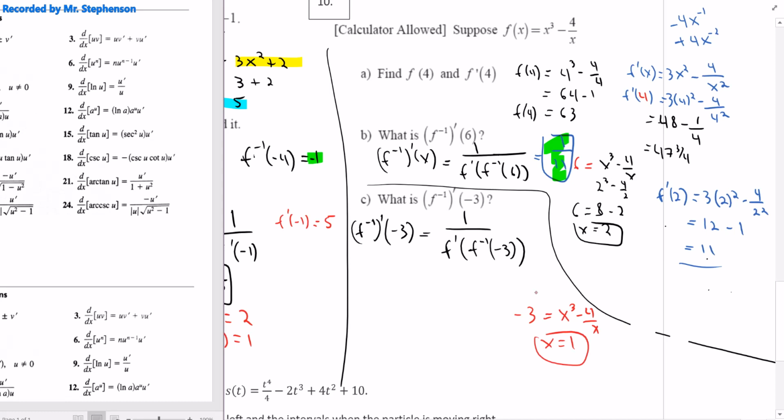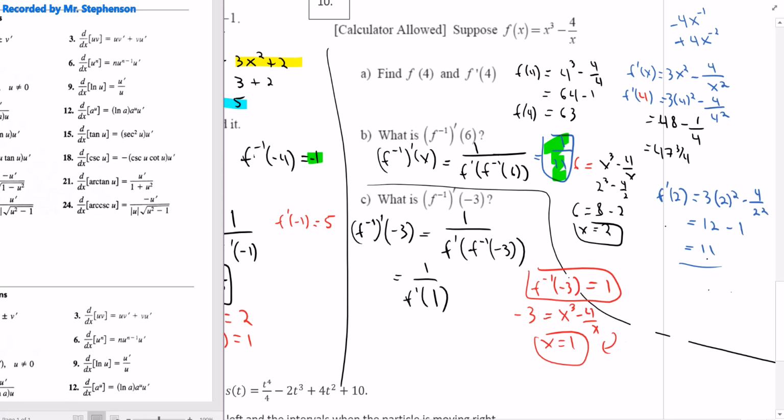Right, what that tells me is f inverse of negative 3 is 1, right? Because if I plug in 1 to my f of x, I get negative 3. So now I know that I need to find 1 over f prime of 1.